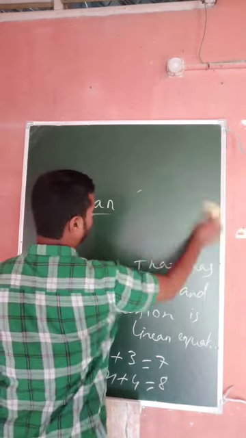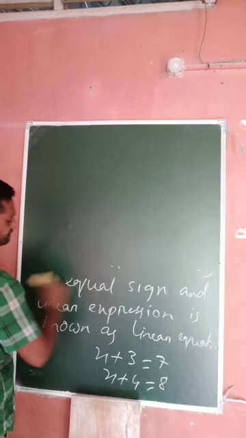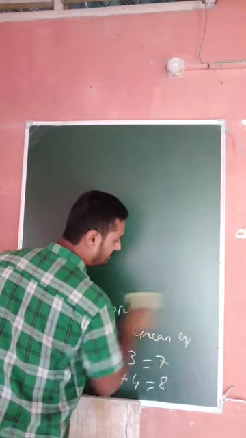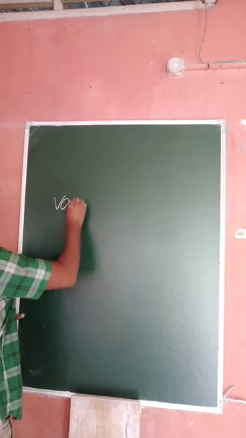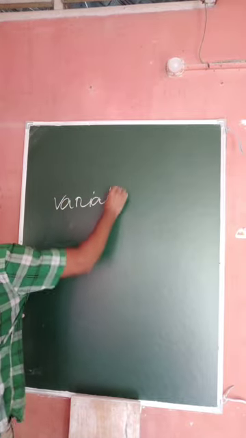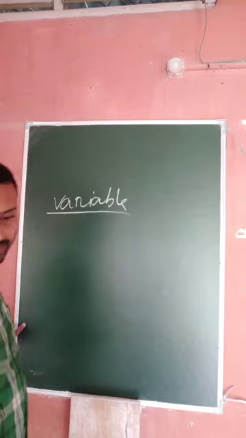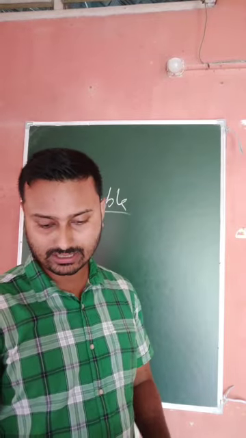The last term is variable. I think all of you know about variables: x, y, z, t belong to variables. Variables in linear equations must follow three criteria.